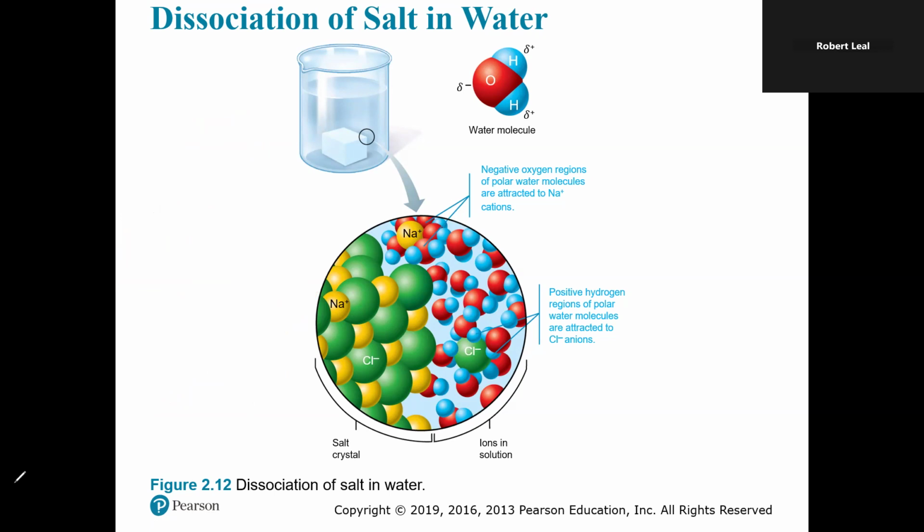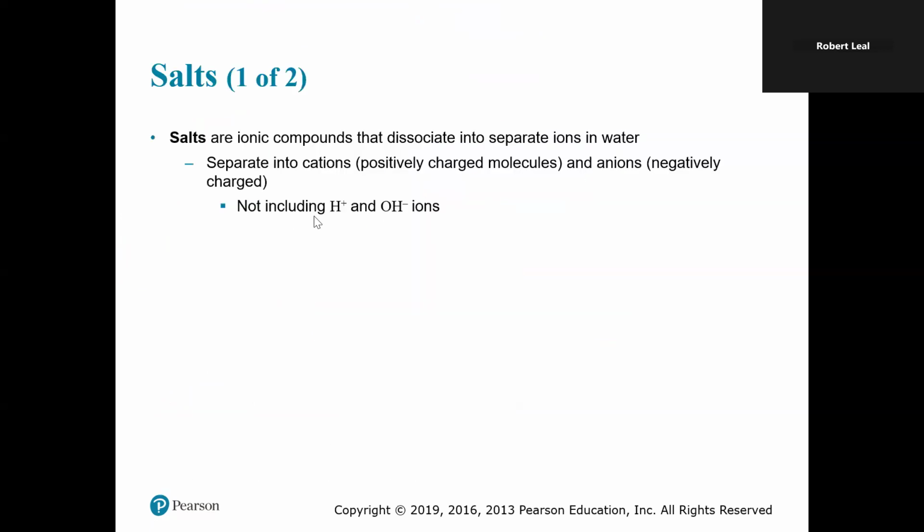All right, let me clear my drawings. Go to the next slide. So the literal definition of a salt is any compound that ionizes when it hits water, with the exception that it's not an acid or a base. Any compound that separates into electrolytes, with the exception of it not being an acid or a base.